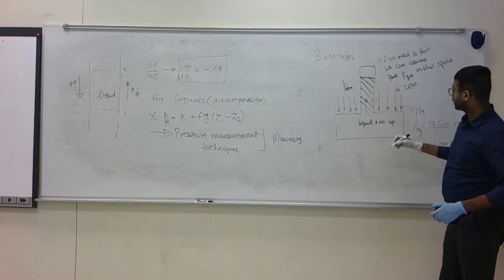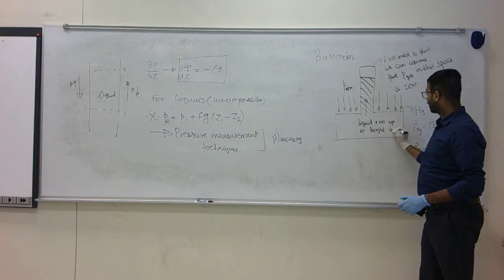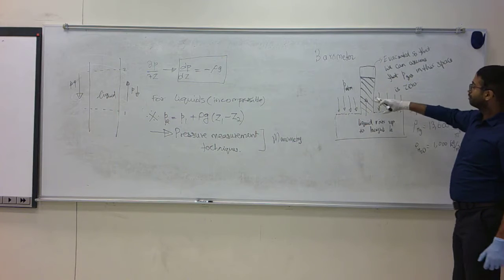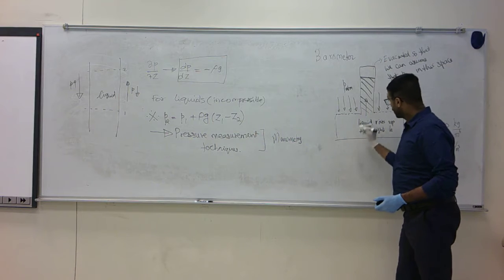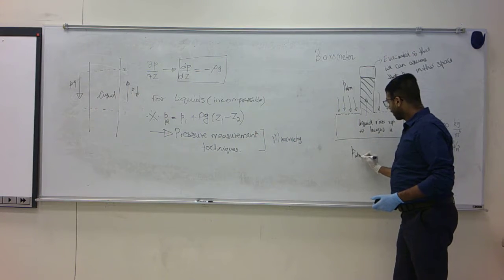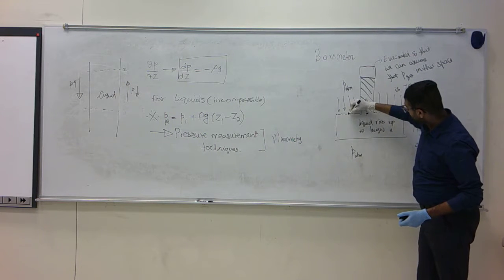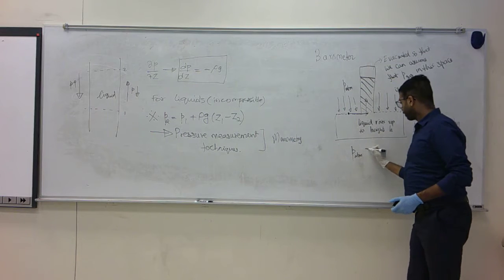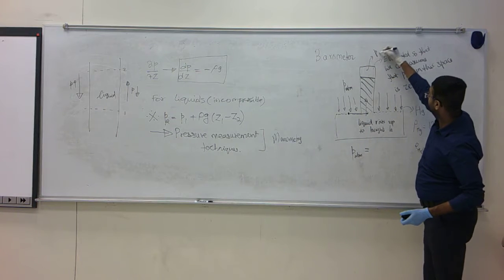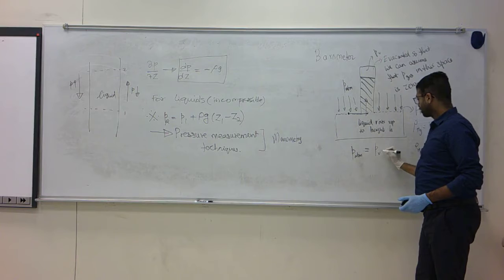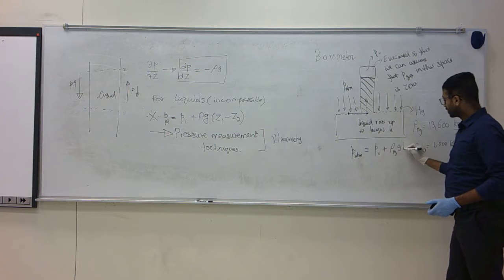That is, it rises up to a height h, and it keeps rising until there is mechanical equilibrium, meaning there are no imbalance forces, which happens when the pressure at this point and the pressure at this point are the same. So you have P atmosphere equals whatever the pressure of the gas here is. Let's call this PV, so P atmosphere is PV plus rho mercury times g times h.